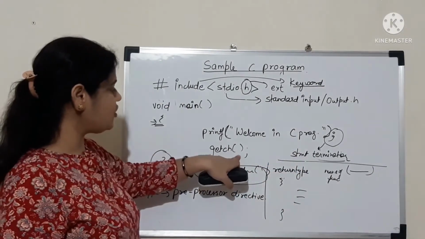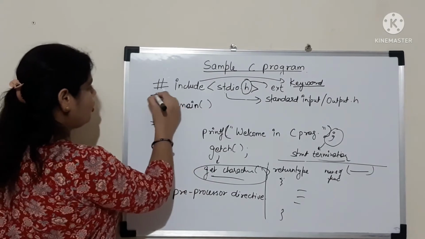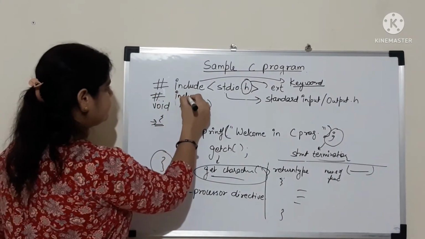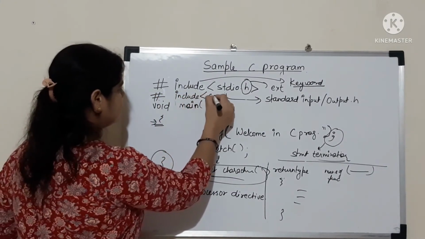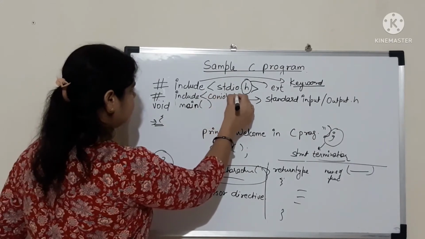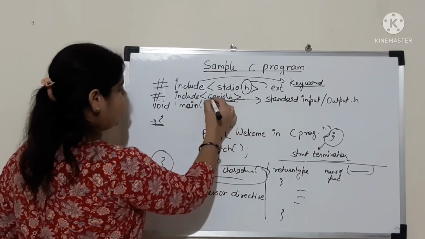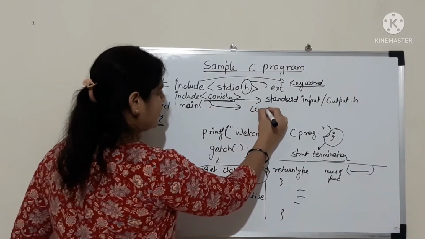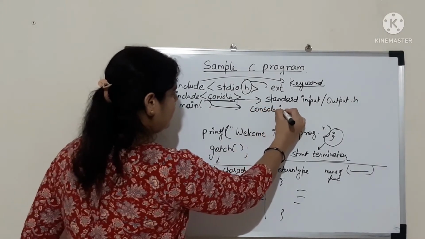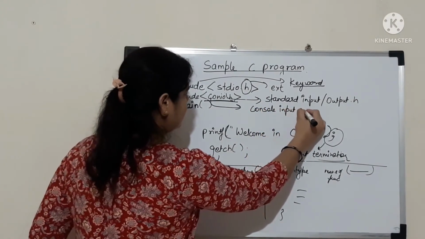Now this getch function is in the conio.h header file. Conio stands for console input output.